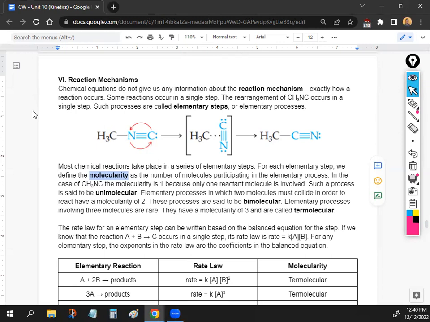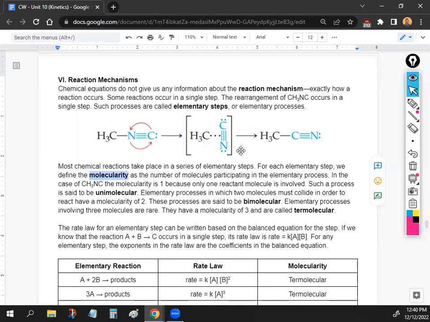Were those the numbers that we were talking about before, like 0, 1? No, that's reaction order. Reaction order tells you how the concentration changes. This is actually talking about how many different times the molecules move in order for a reaction to happen. Completely different.